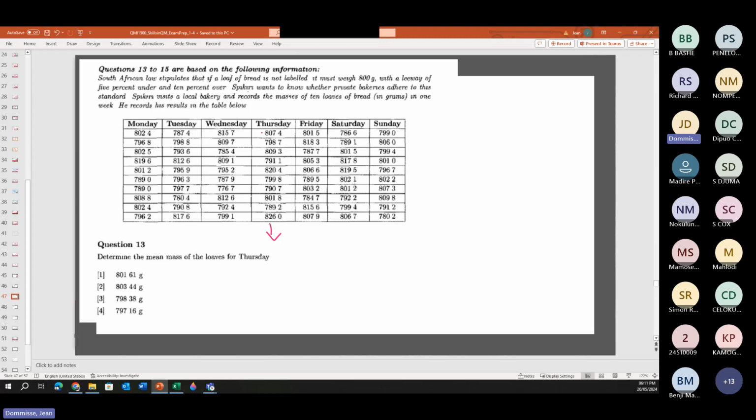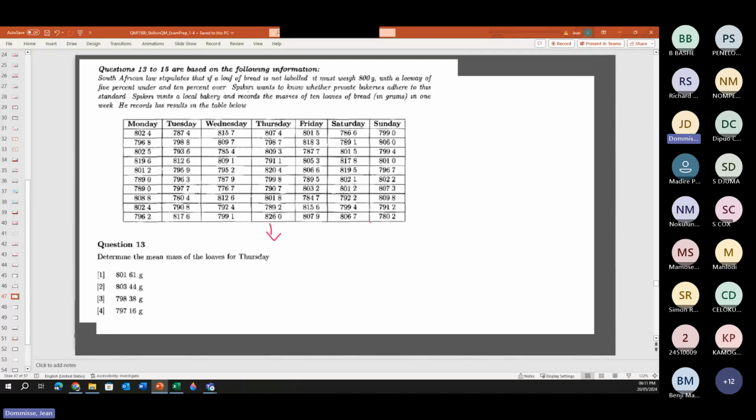For Thursday it's 1, 2, 3, 4, 5, 6, 7, 8, 9, 10. So asking you to work out the mean is not a problem, because it's adding all those numbers for Thursday and then dividing by 10.